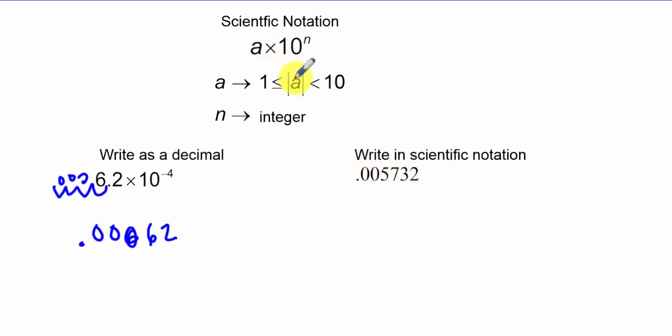Likewise, if we're going to write something in scientific notation, we have to change this number to a value between 1 and 10, and then a multiple of 10 raised to some power. Right? So again, what we're going to want to do here is make this number look like 5.732. And that's going to be multiplied by 10 to some power.